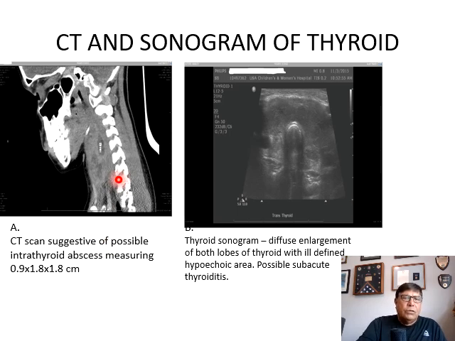Here we show the area of suspicion, but there was generalized enlargement of the thyroid gland with a diffuse hypoechoic shadow all over both thyroid lobes, as we have illustrated in these images.